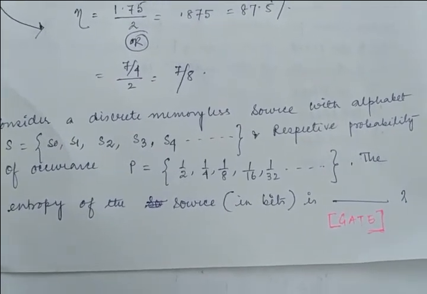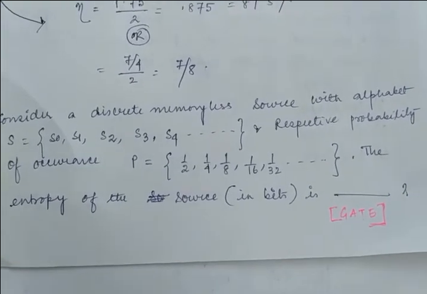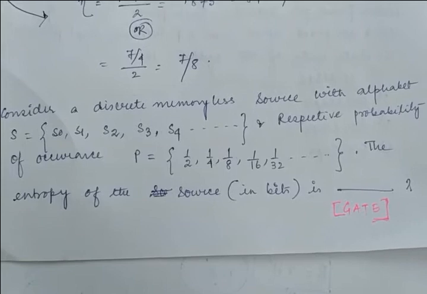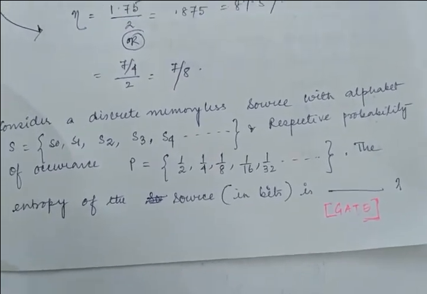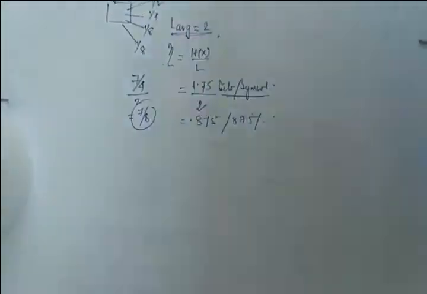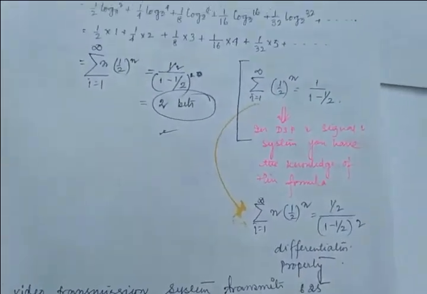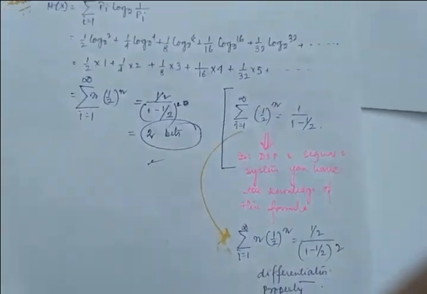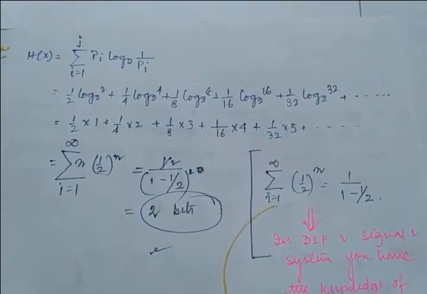The entropy of the source in bits is very easy, but you have to use the series formula that I have already shared with you. Just go through the solution, because I have already given enough explanation in the PDF. So this is nothing but your Hx.